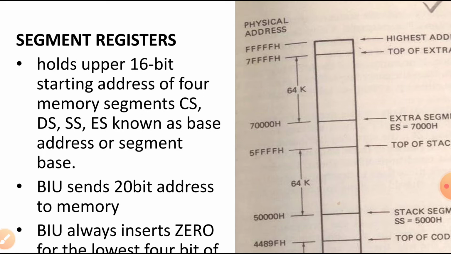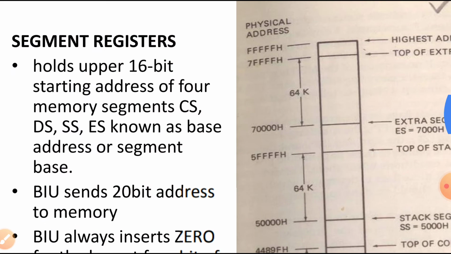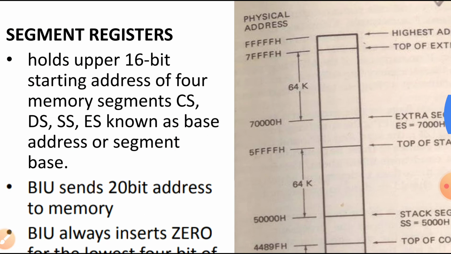With the help of two 16-bit addresses, we make the 20-bit address. Out of these two 16-bit addresses, the segment register holds the upper 16 bits of the starting address of the 4 memory segments, that is code segment, data segment, stack segment and extra segment. So the code segment register will store the higher 16-bit starting address of the code segment.